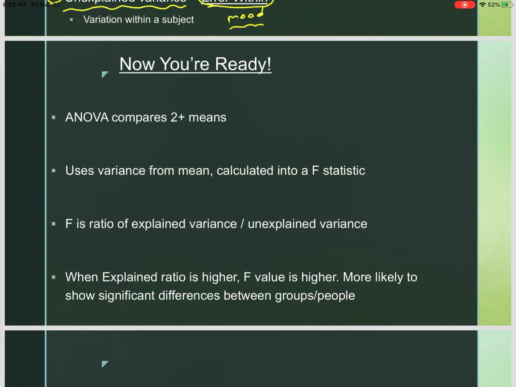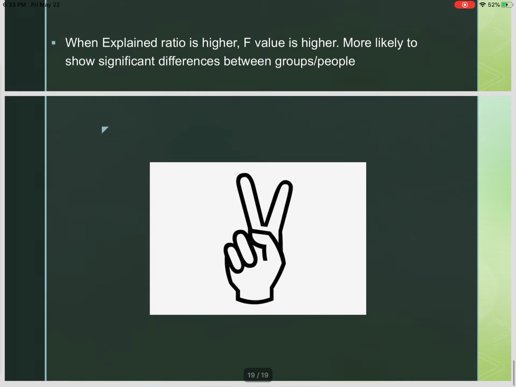The explained variance is a variance in the dependent variable due to the independent variable. That's what we're looking for to see if it's different. And the unexplained variance is variance within individuals or groups that you cannot change. We want to keep the unexplained variance low. When we do that, we're more likely to have a high F value, and we're more likely to see differences between groups. You ready to go, folks?